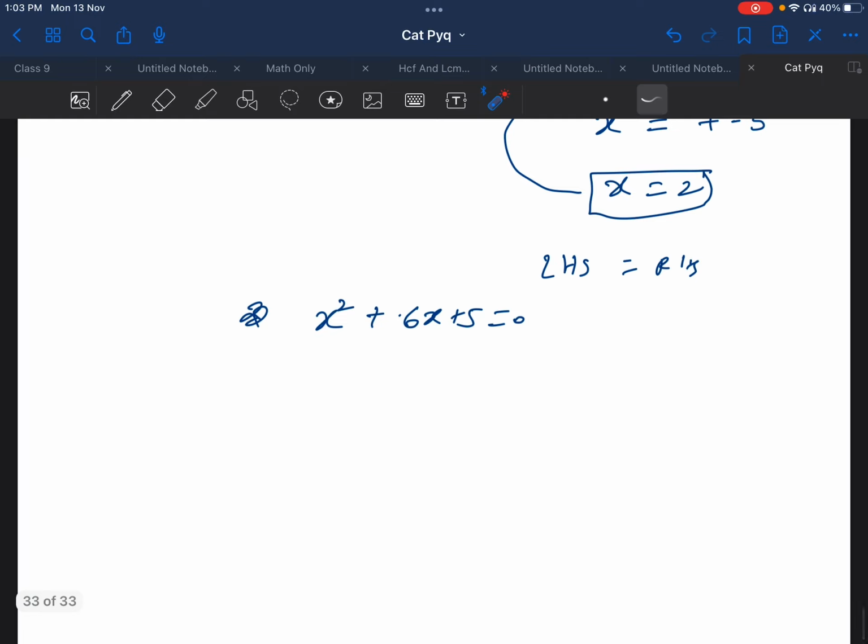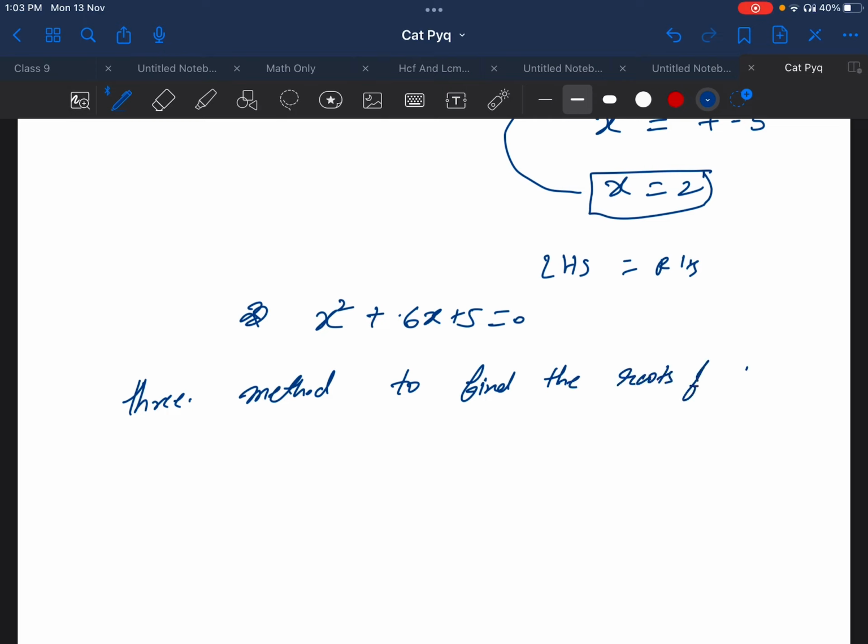So there are three methods to find the roots of a quadratic equation. The first is the completing the square method.